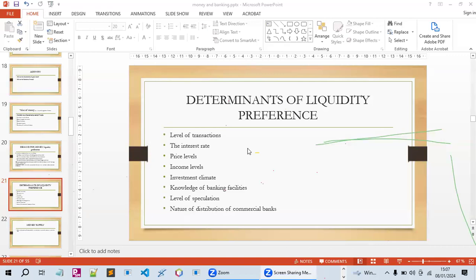This means that if there is a lot you need to buy, the daily transactions you make in life, there will be a high liquidity preference or a high demand for money. However, low levels of transactions by people lead to low liquidity preference, because there is no need to hold money for the day-to-day transactions.